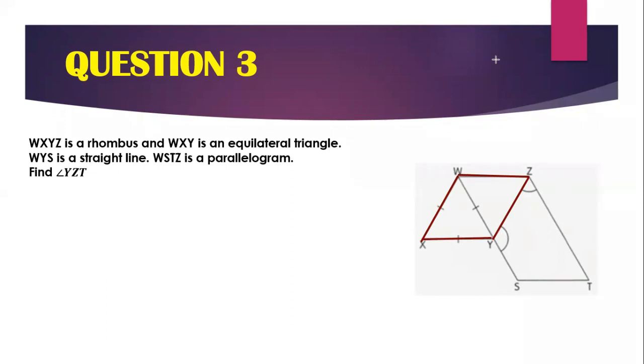So what is the characteristic of a rhombus? Very easy, right? The characteristic of a rhombus is this: angle X will be equal to angle Z, and angle Y equal to angle W, right? That's the characteristic of a rhombus.